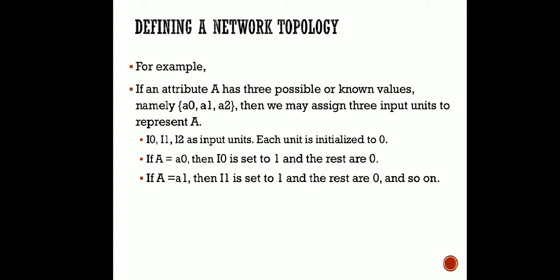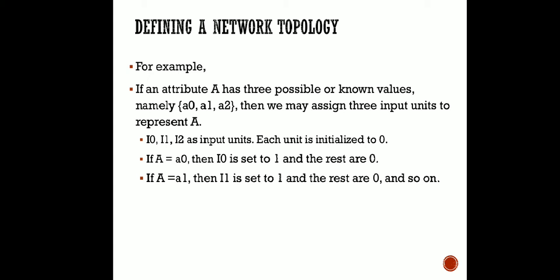If these input units are I0, I1 and I2, whenever A0 holds true, meaning A0 is true and the others are false, then I0 will be active and the other two will be inactive, right? So I0 will be set to 1 and the others will be 0.